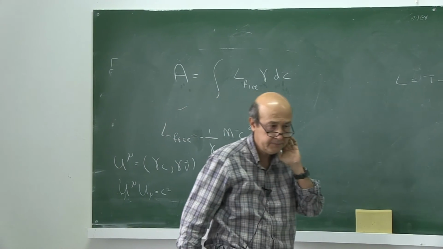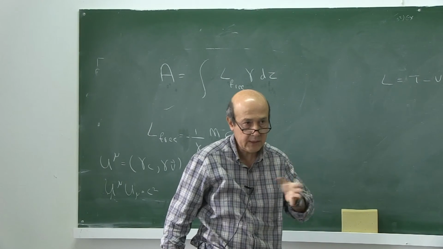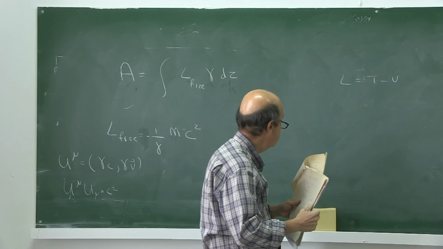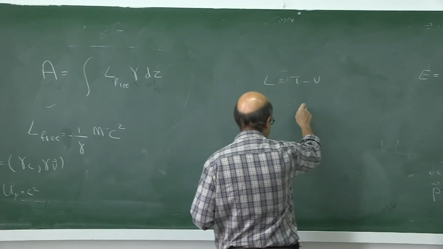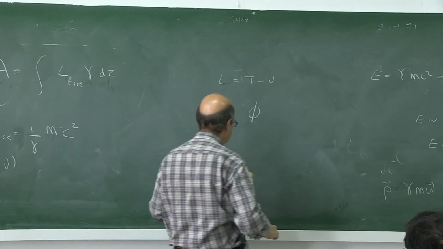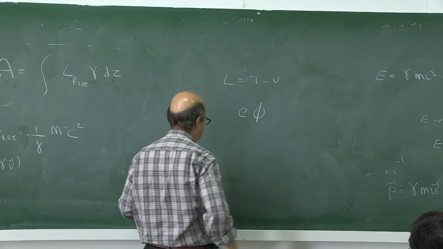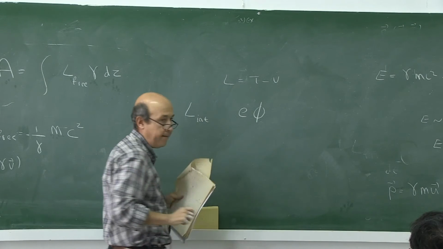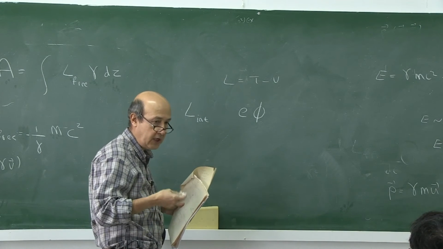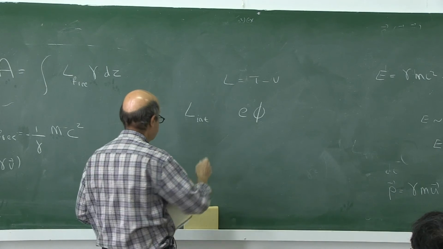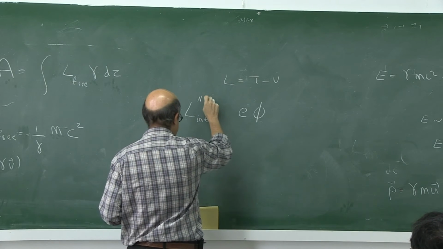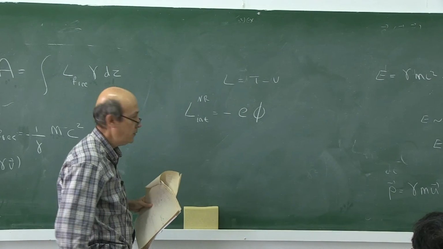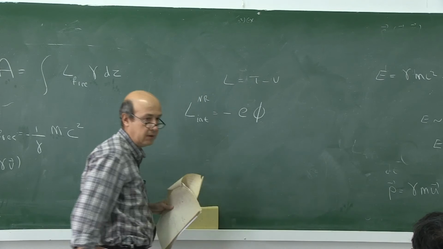The only tool you have is the scalar potential, the electrostatic scalar potential phi. If you multiply it with the charge, you can define the interaction of the charge with the potential in the non-relativistic case in that form. Minus, because of V is minus.